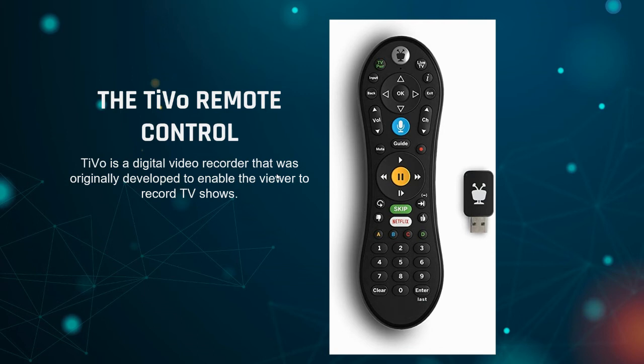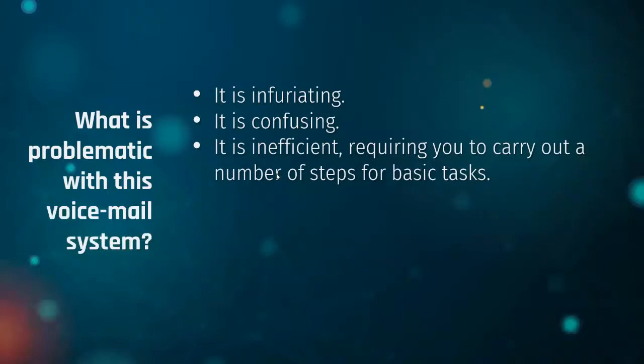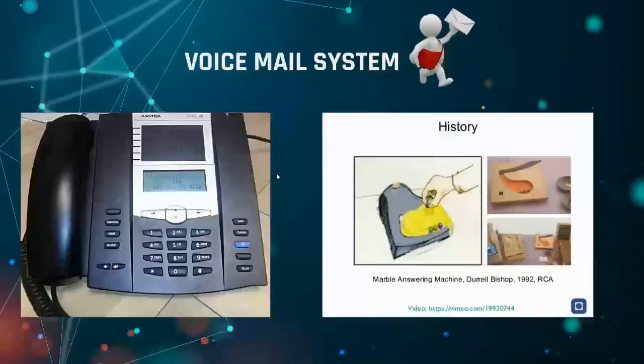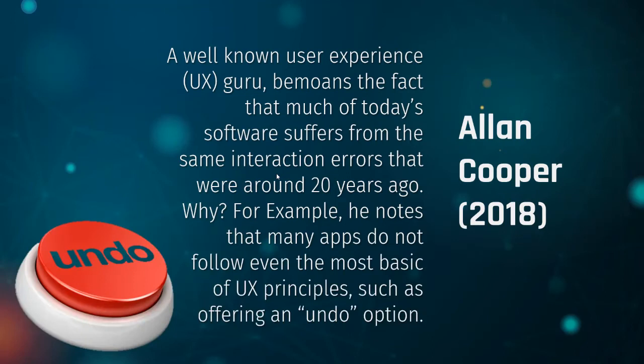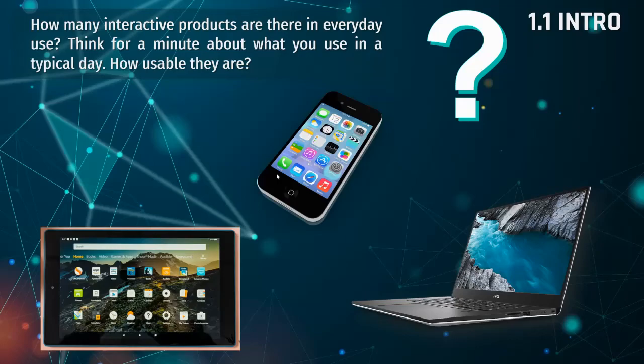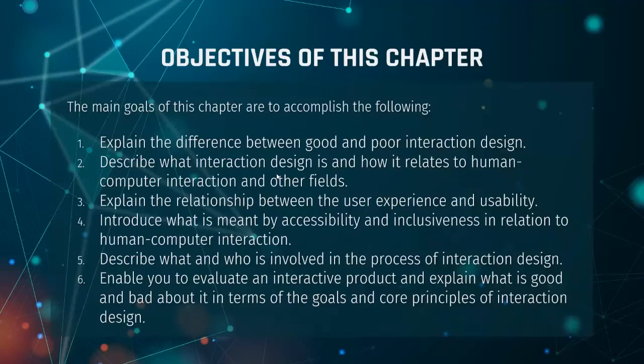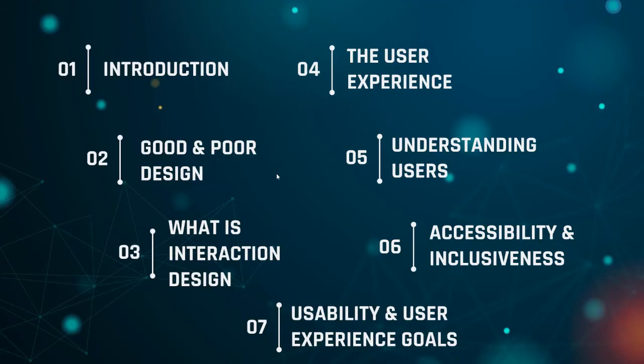All right, so those are the things that we talked about on the previous topic on good and poor design. And now we're going to discuss what is interaction design and all its context.